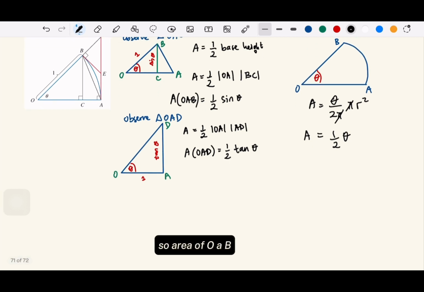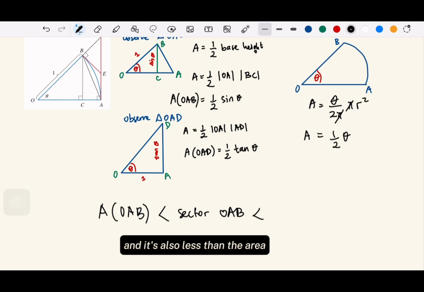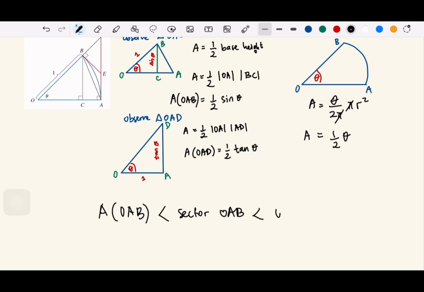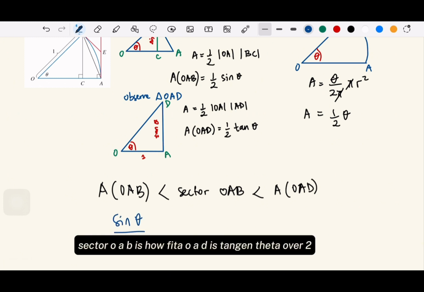So the area of triangle OAB, of course, will be less than the sector OAB, and it's also less than the area of OAD. So OAB is sine theta over 2, sector OAB is half theta, and OAD is tangent theta over 2.